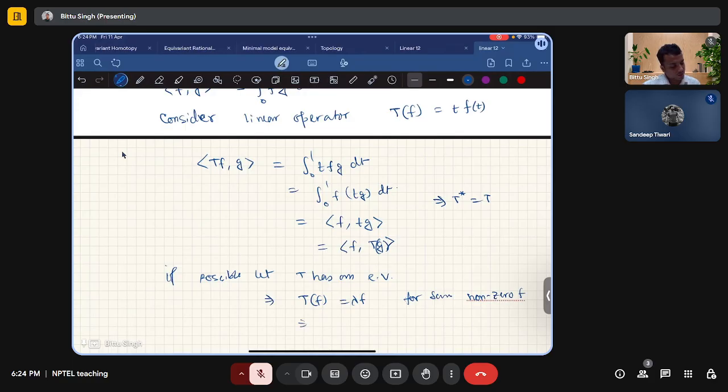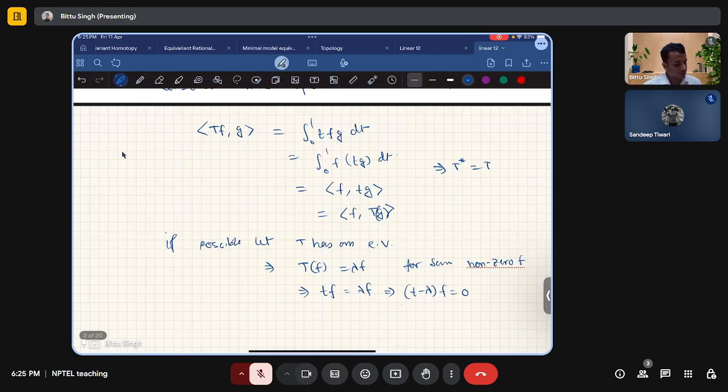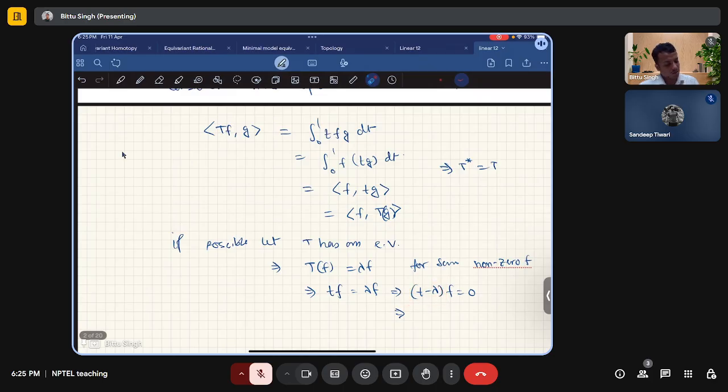This means t times f equals lambda f, that is, t minus lambda times f equals 0. But this is not possible, because t minus lambda is a non-zero function, therefore f must be 0.